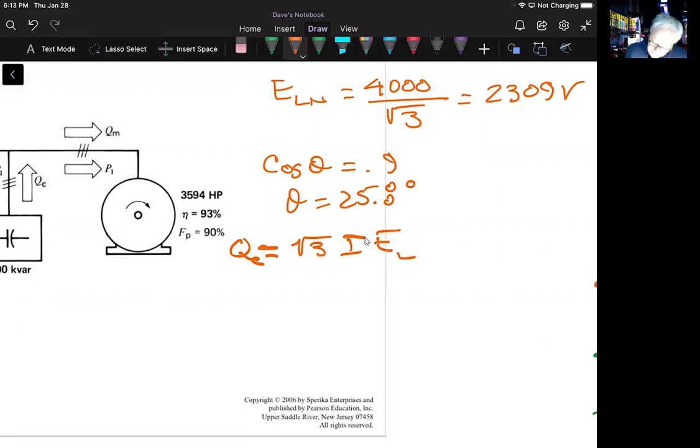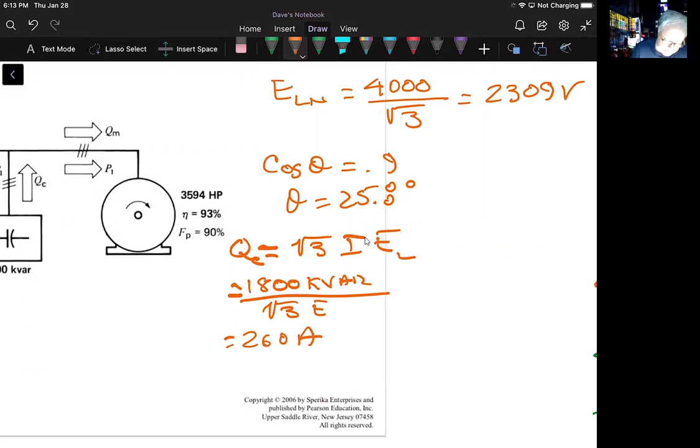And that would come out to be, well, we already knew what this was, right? This was 1800 kVAR divided by square root of 3 times line voltage 4,000, which gives us 260 amps. Now, that's a lot of stuff. What would the phasor diagram look like for that?